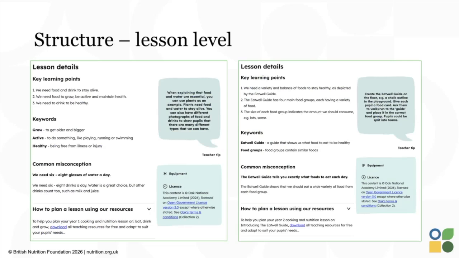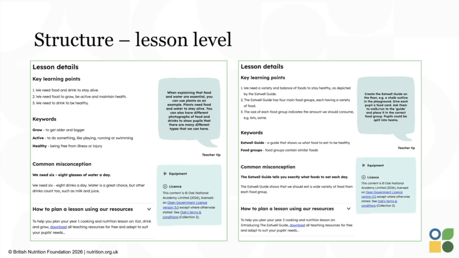There's also structure at a lesson level as well. And again, this is consistent for the 108 lessons that are there. So it starts with some really interesting key learning points, sometimes quite succinct, which I think is great. There are those key words, remember that vocabulary development that we mentioned.